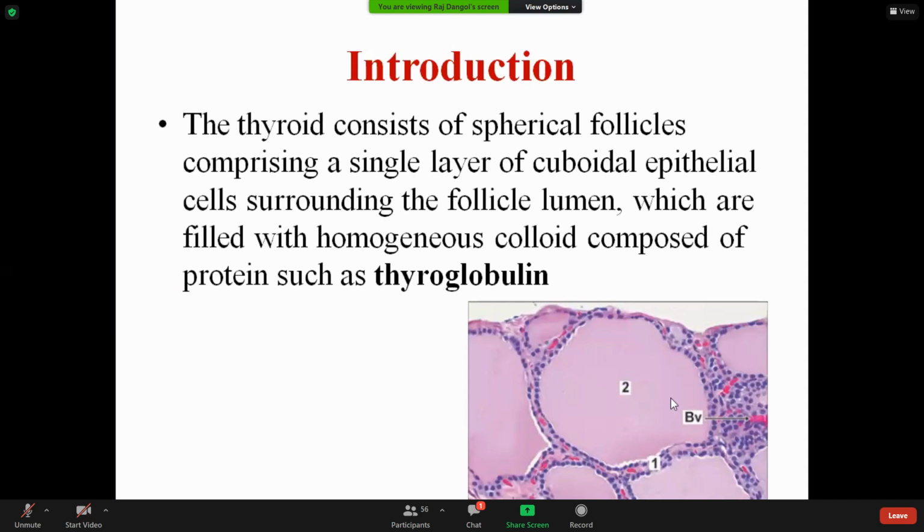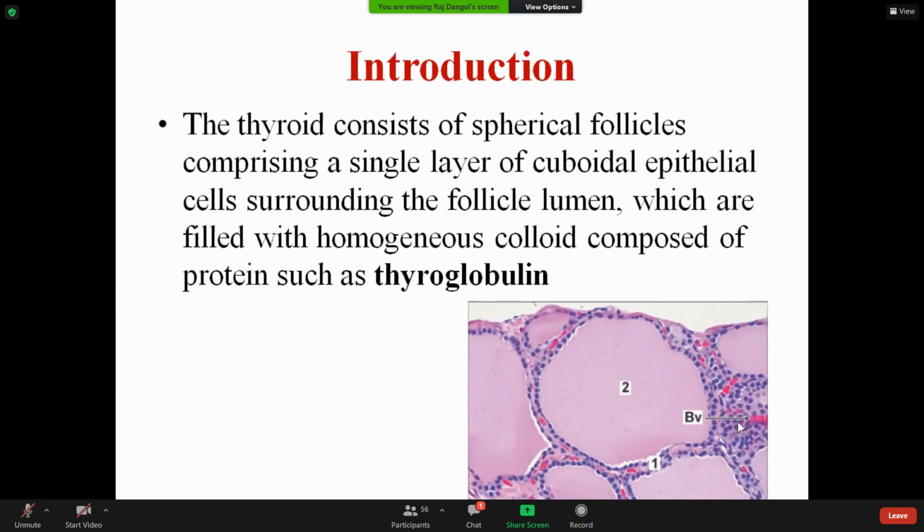And after the synthesis of this thyroid hormone, it is again circulated. So it is transported to the target tissues for its functions via the circulation, via the blood vessels.